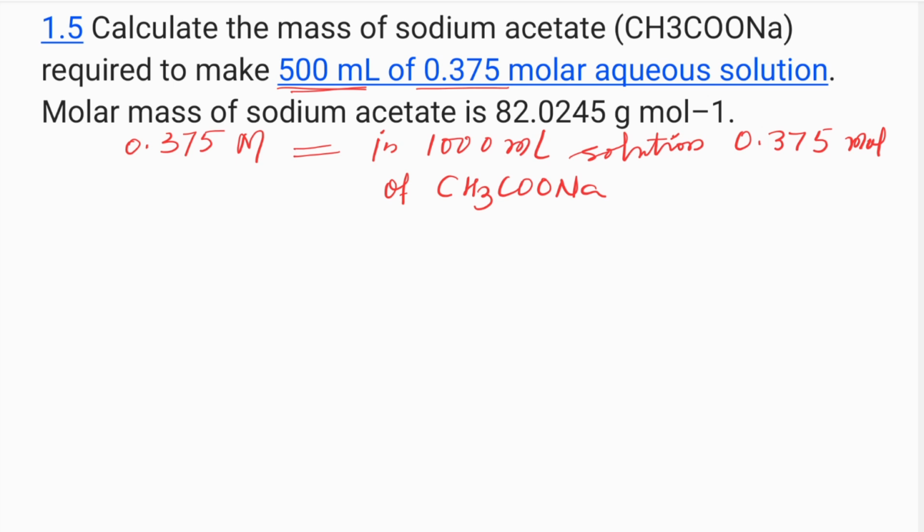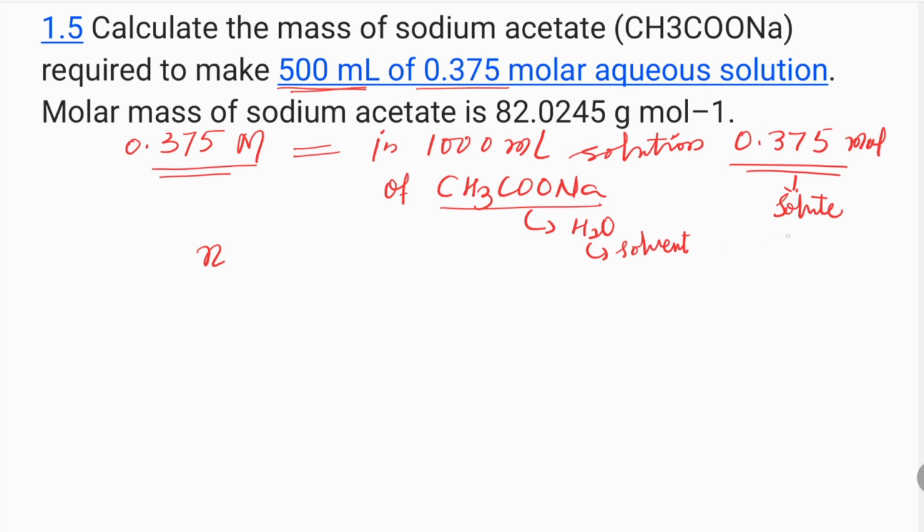let's see how we calculate the molarity and number of moles for a particular solution. Number of moles are calculated like this. This is a solute, and obviously sodium acetate has been made in water. Water is solvent.